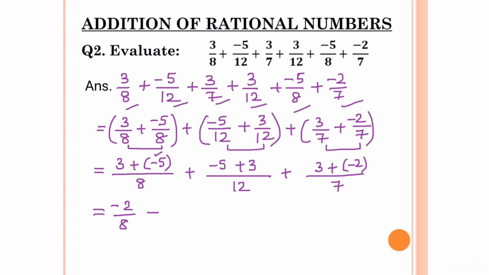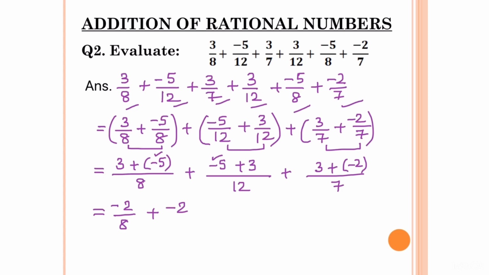plus again we have minus 5 plus 3. So both the integers are of opposite signs. We will subtract the greater numerical value minus smaller numerical value. We get 2. The greater numerical value is having negative sign, so we will assign minus to the result.